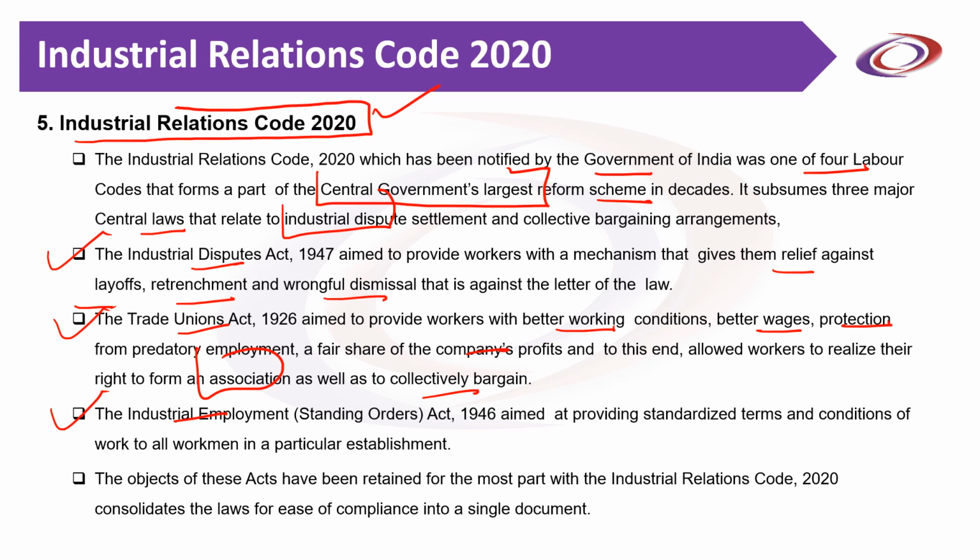And the Industrial Employment Standing Orders Act relates to providing standardized terms and conditions to all the workmen in a particular establishment. So this code subsumes all of these important laws that were earlier existing. The objects of these acts have been retained for the most part, though certain changes have been implemented. Let us see what the salient features are.